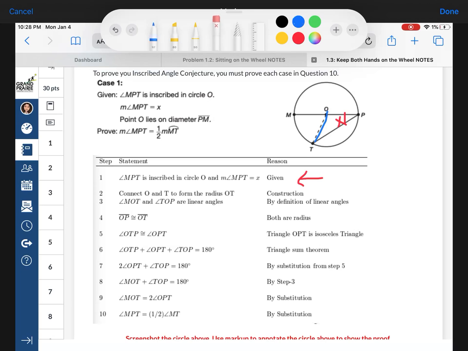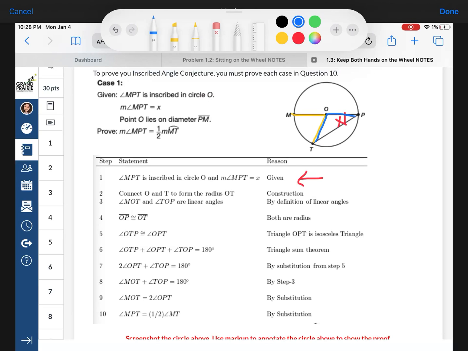Step 3 tells us that the measure of angle MOT, that's the small angle that you see in the picture, I'm going to highlight that for you in yellow, and TOP, I'm going to highlight that one too.